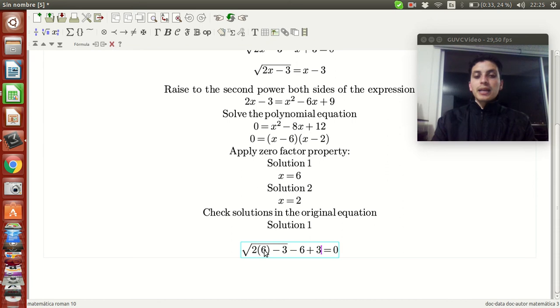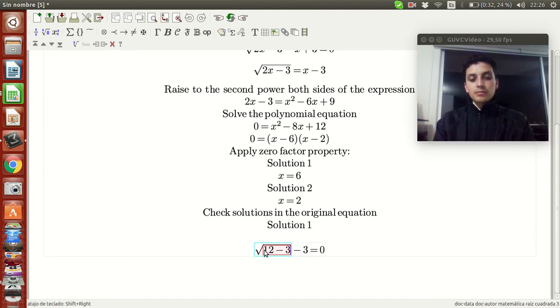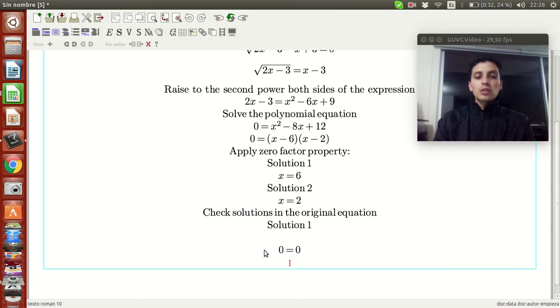Negative 6 plus 3, negative 3. 2 times 6, 12. 12 minus 3, 9. The square root of 9 is 3. 3 minus 3, 0. So the first solution is true.